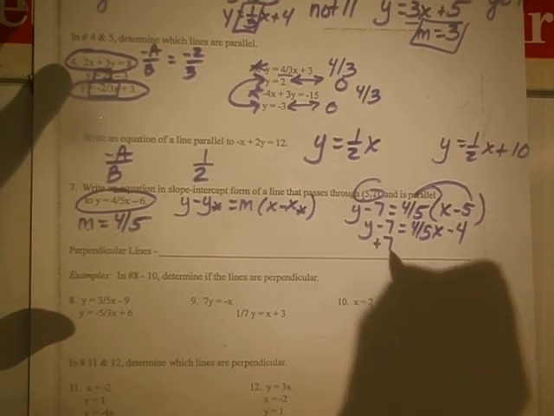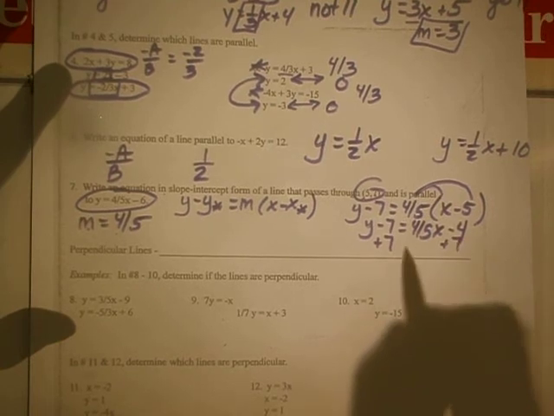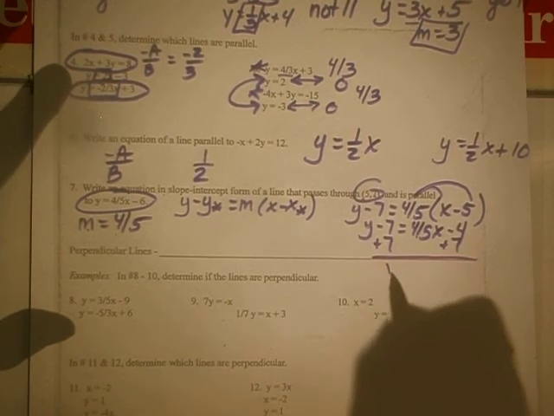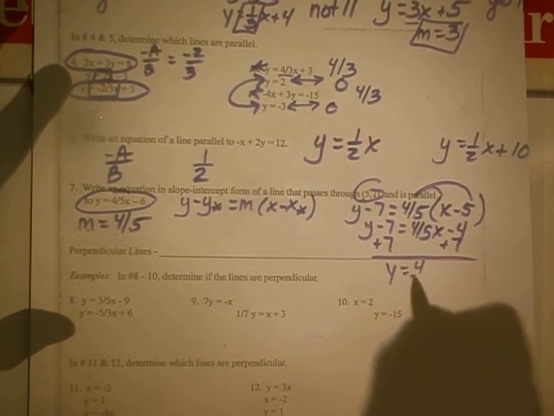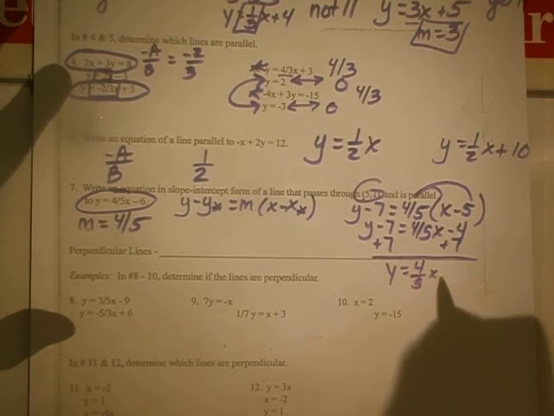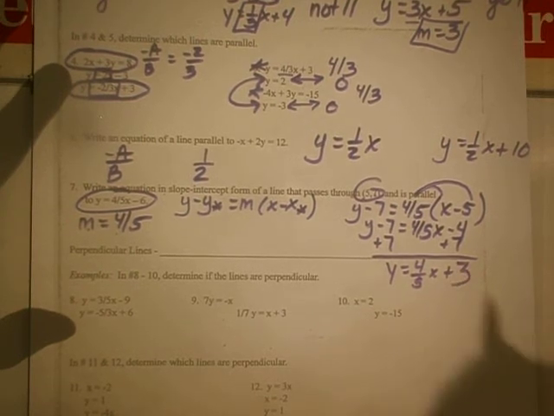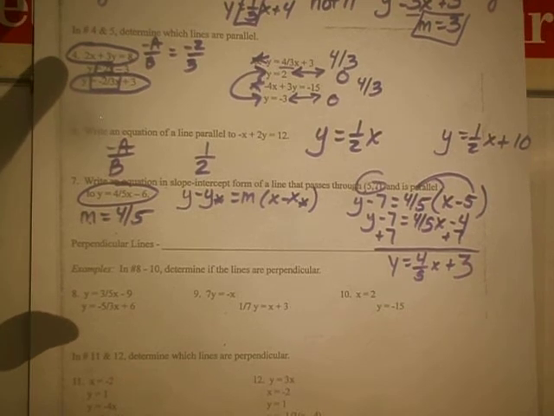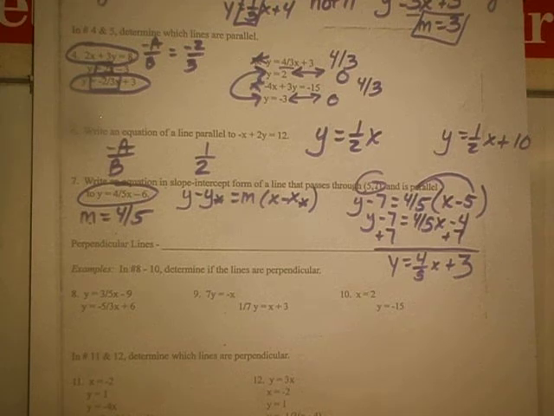And then from there, when we add 7 to both sides, our answer will be y equals 4/5 x plus 3. And again, the back side is more questions like that. If that one was confusing to you, we are going to do a couple more. First one's always the worst.